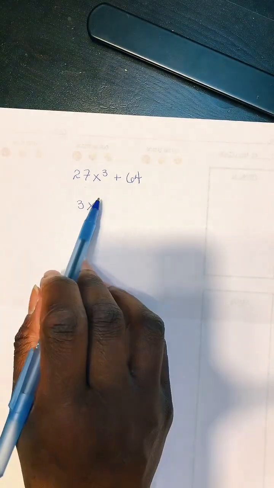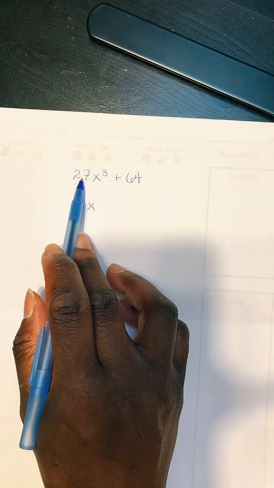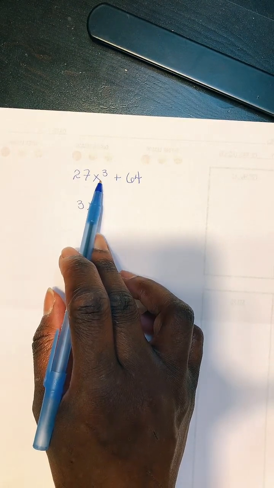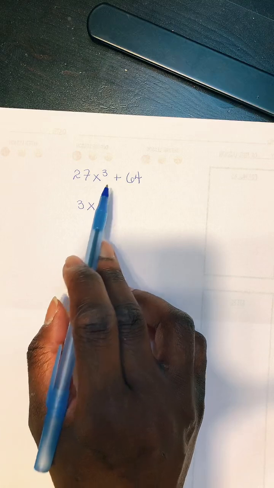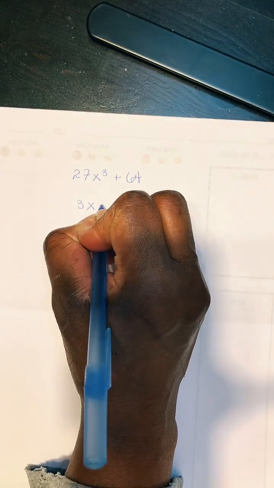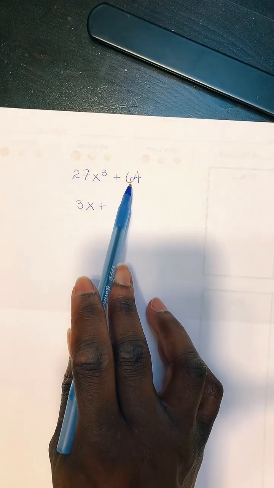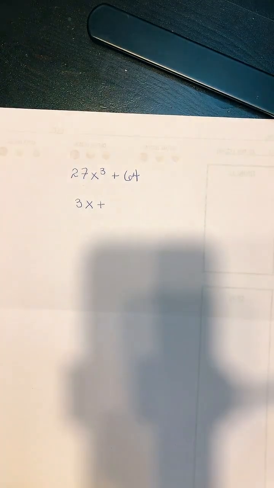Okay, so it is going to be x. So we took the cube root of 27 to get 3. We took the cube root of x cubed to get x. This plus sign comes down. What do you think we're going to do with the 64?